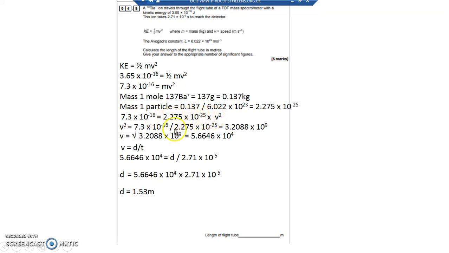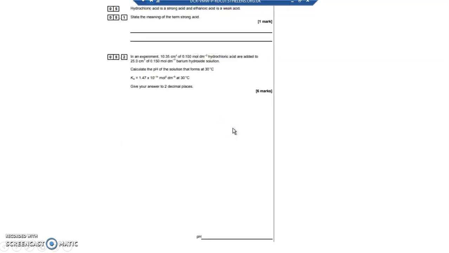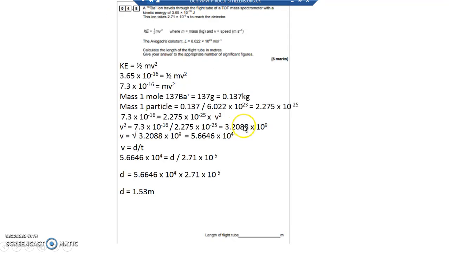So v squared equals 7.3 times 10 to the minus 16 divided by 2.275 times 10 to the minus 25. V squared is 3.2088 times 10 to the power of 9. I square root it, and v is 5.6646 times 10 to the power of 4.